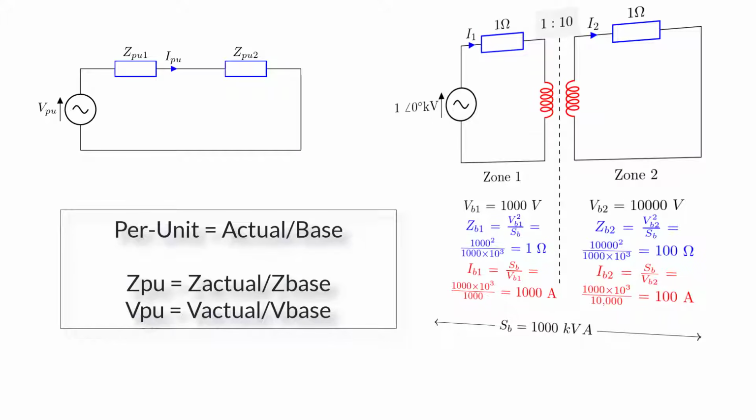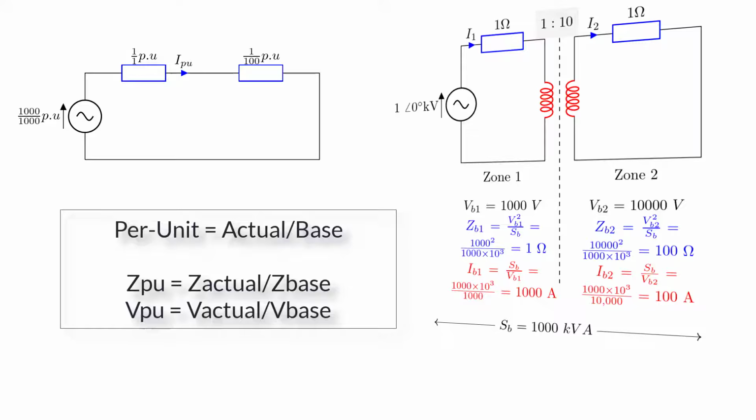So actual divided by base is 1000 divided by 1000, so it comes out as 1 per unit. The impedance in zone 1 is actually 1 ohm, and the base is also 1 ohm. So the per unit impedance is 1 divided by 1, which is 1 per unit. The impedance in zone 2 is actually 1 ohm, but the base impedance in that zone is 100 ohms. So the per unit is 1 divided by 100, which is 0.01 per unit.